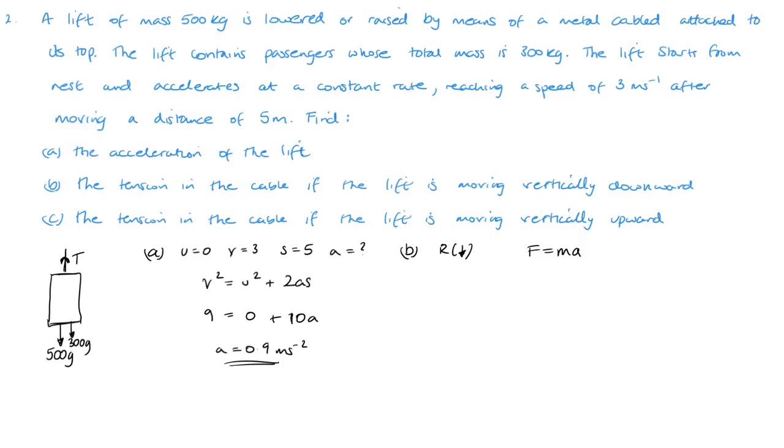Now F is going to be 800g minus T, equal to 800 times 0.9. So 800g is 7840, minus T, and 800 times 0.9 is 720.